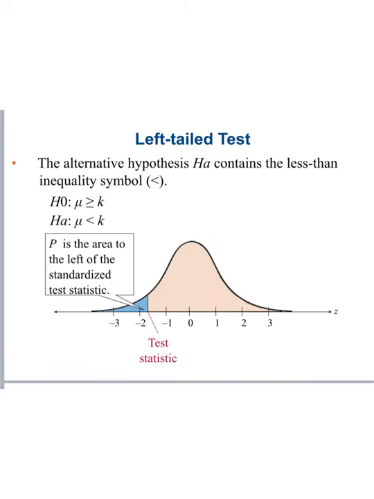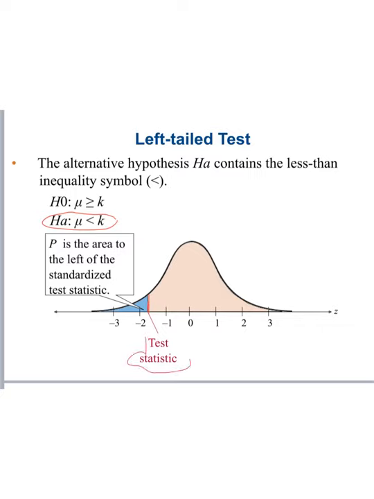So let's take a look at the left tail test. You determine whether it's left, right, or two tail test by looking at the alternative hypothesis. If the beak is pointing to the left, then you have a left tail test, and your p-value is to the left of the test statistic.